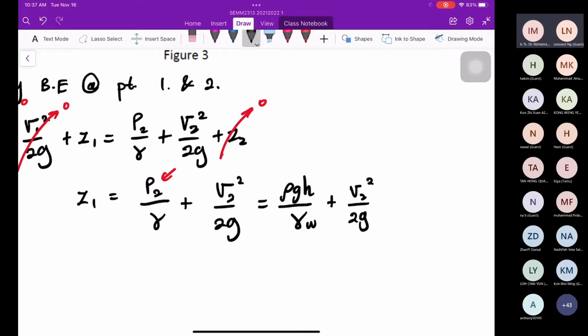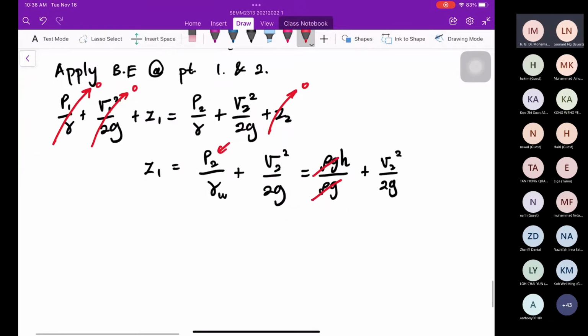The density of water I want to expand in terms of rho G, so I can simplify rho G and rho G. I will have Z1 equal to H plus V2 squared over 2G.